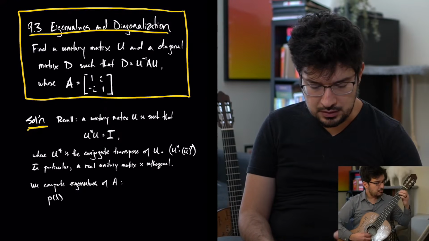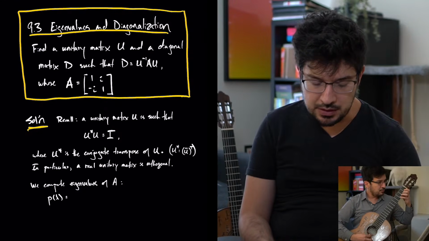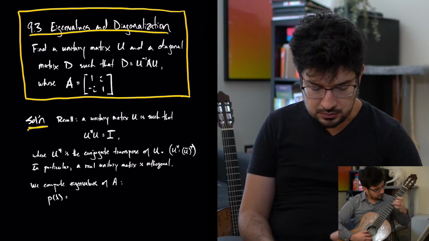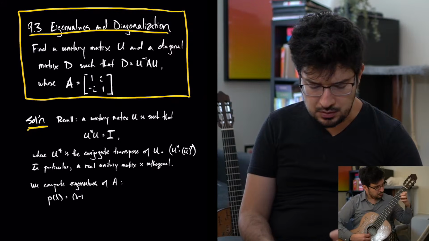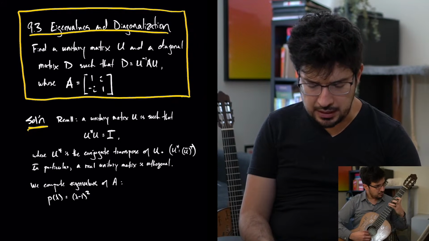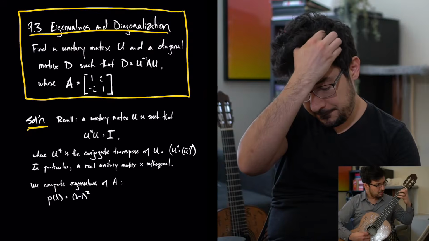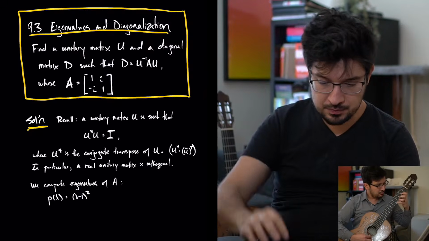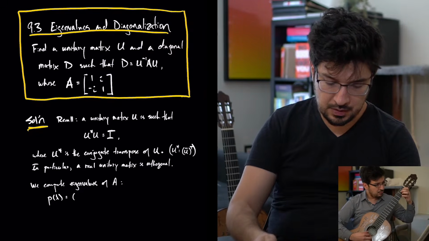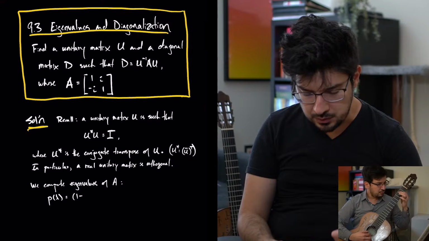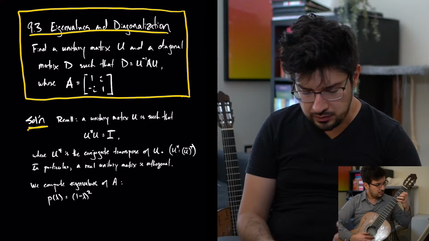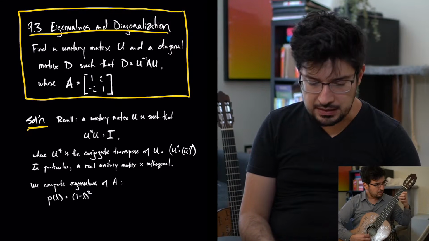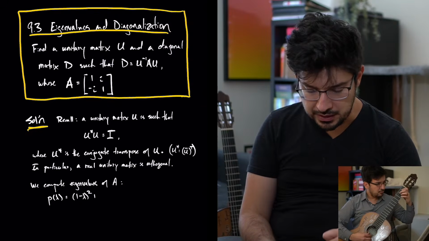The characteristic equation would be lambda minus 1 squared, or if I wanted to show this a little more directly, 1 minus lambda squared minus negative i squared.